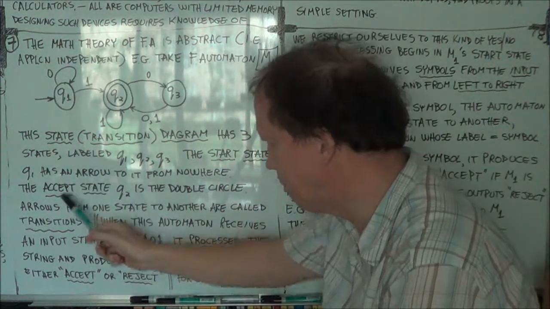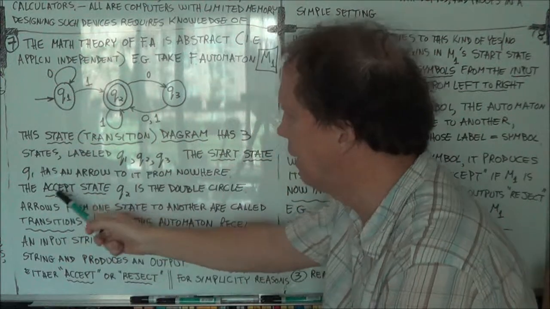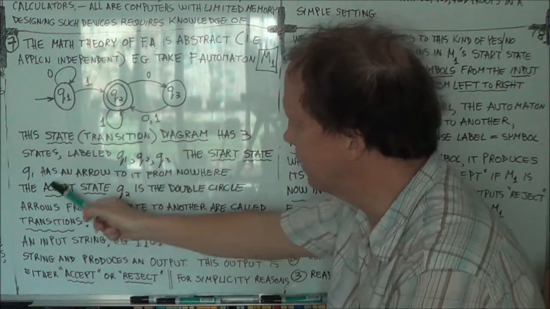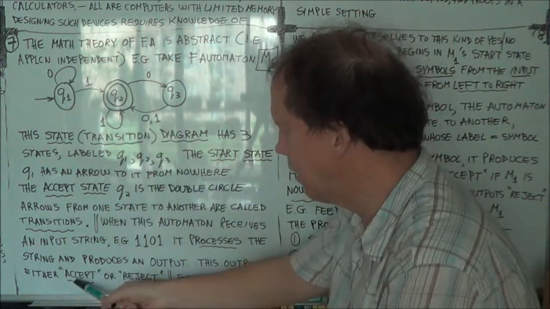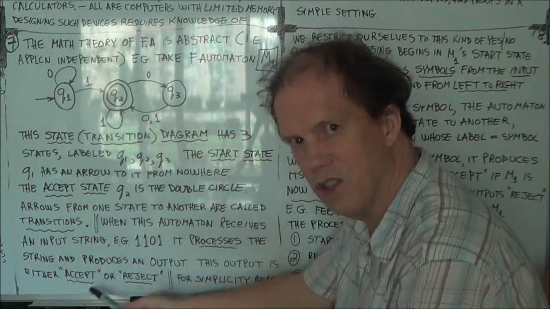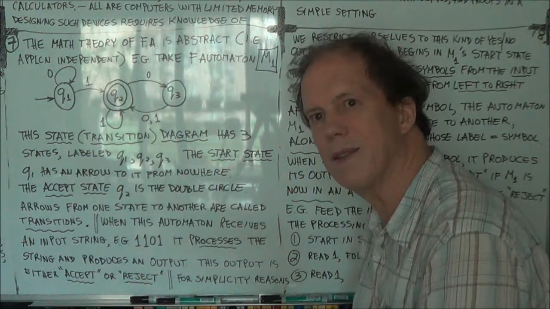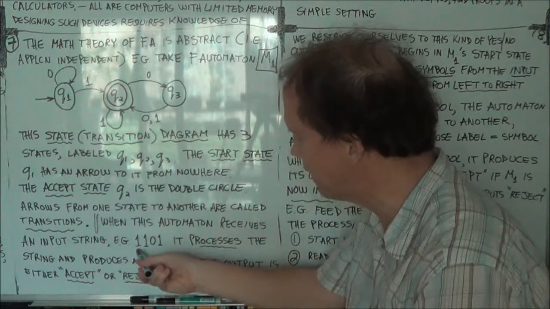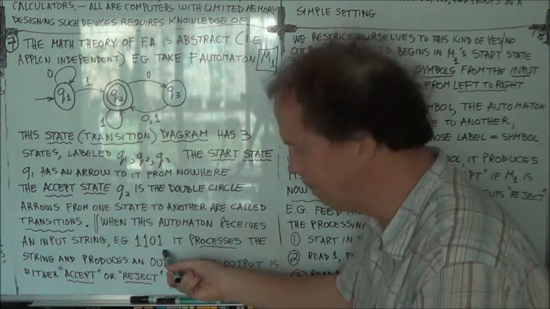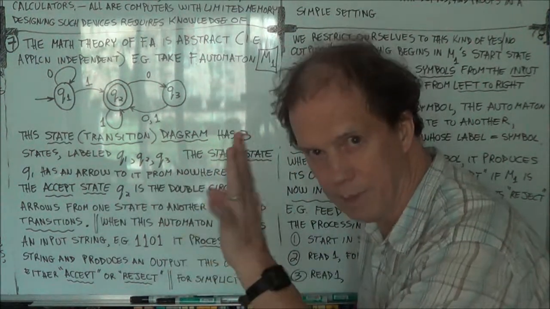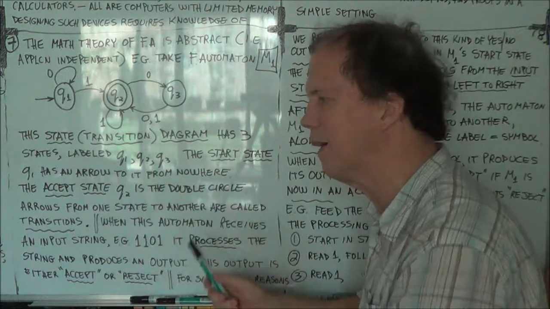Now you may be getting a suspicion. There's some link between this state, the accept state Q2, and the decision that the automaton makes once it's finished processing the input stream. And you'd be right. We're not there yet.